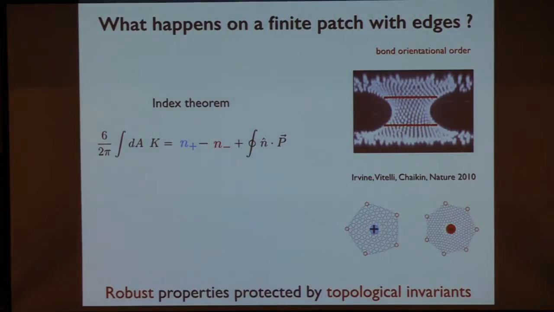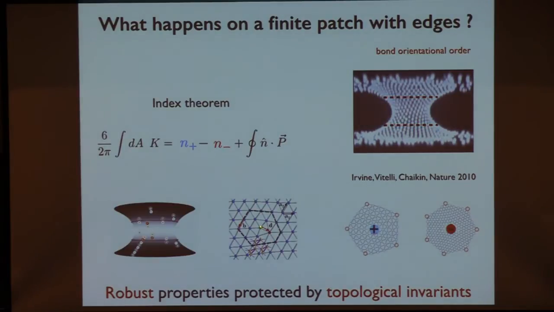If you have a crystal on a whole sphere, it doesn't matter if you put extra rows, which are the defects typical of crystals. These are called dislocations. The reason why it doesn't matter is because dislocations are defects that represent missing rows of atoms. They don't change the orientational order.